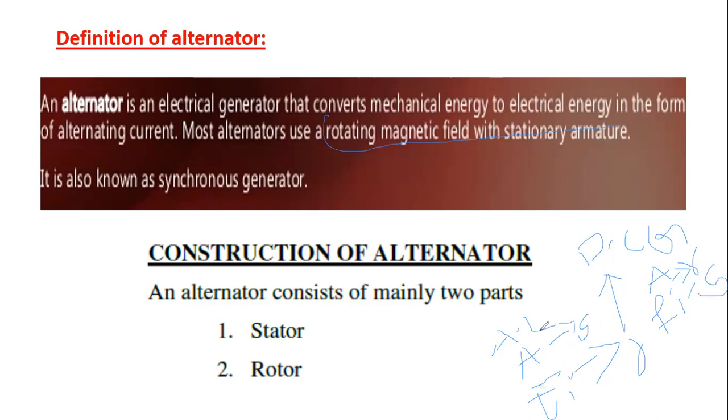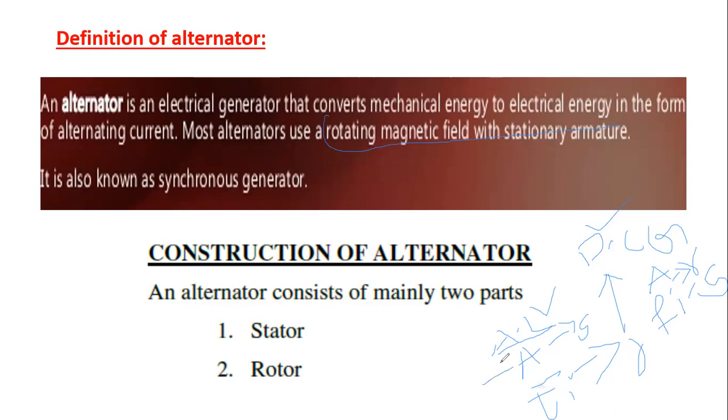This is the only difference between the alternator and the DC generator. The working principle is the same for both the AC generator and the DC generator. There is only a single difference: in the case of an AC generator, the magnetic field is rotating and the armature is stationary.